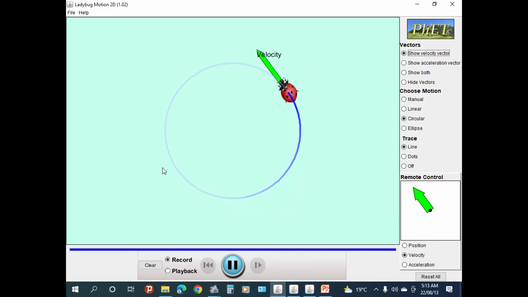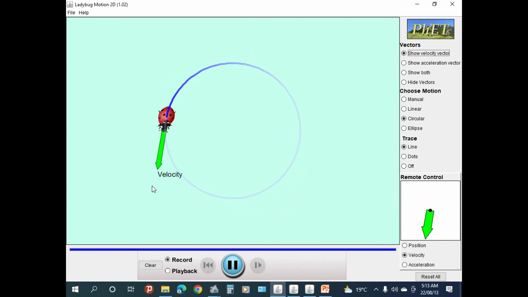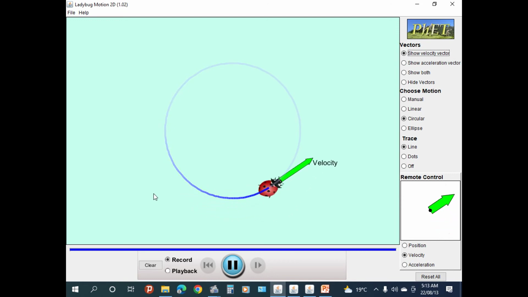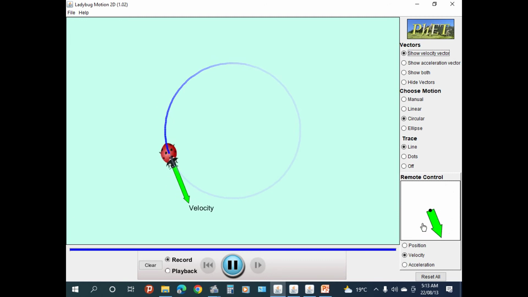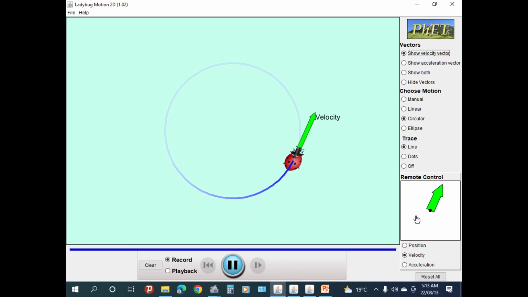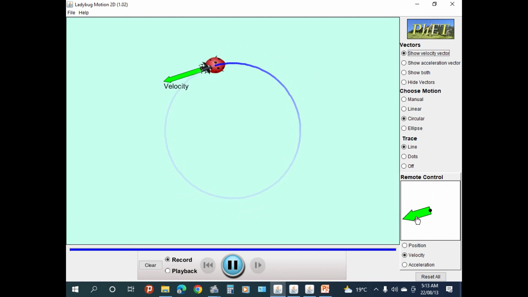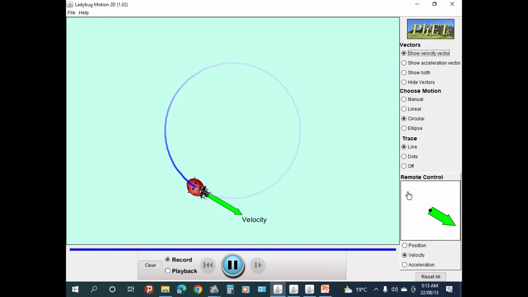Instantaneously the tangential velocity is perpendicular to the radius. That is the tangential velocity direction.